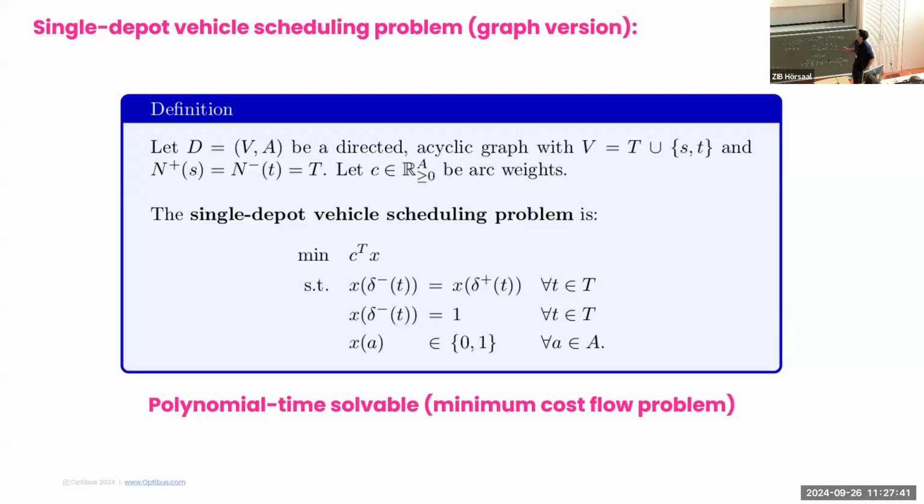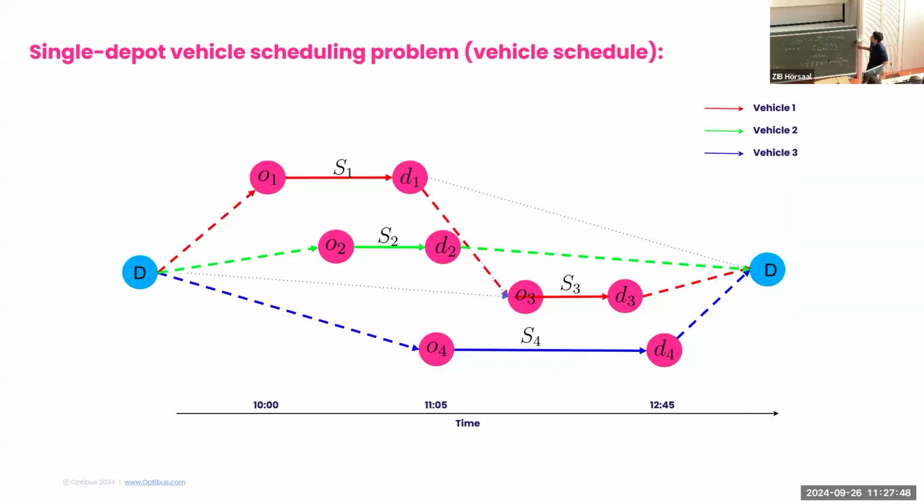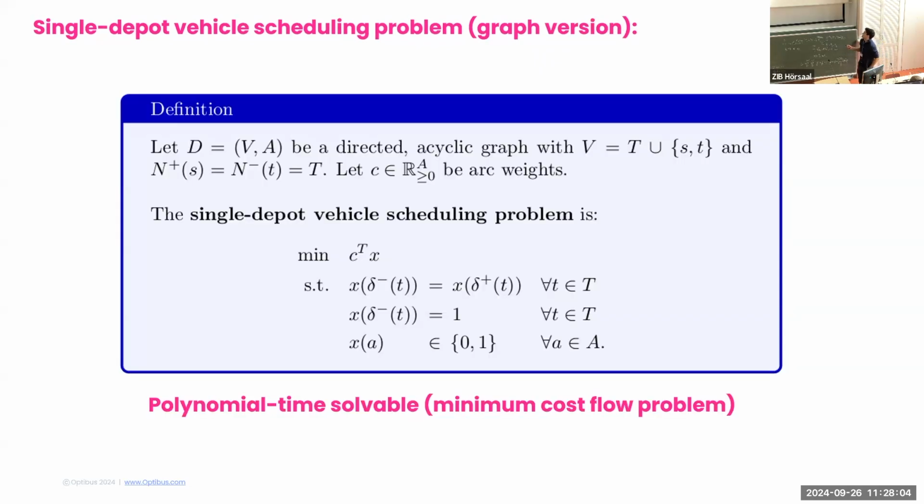And then of course you have costs, arc weights. So typically what you would do is you would set a higher arc weight on these arcs here because they tell you how many vehicles you need. Because every vehicle has to take exactly one of these outgoing arcs. So if you have a high cost here, you minimize the number of vehicles, which is normally the most expensive part.